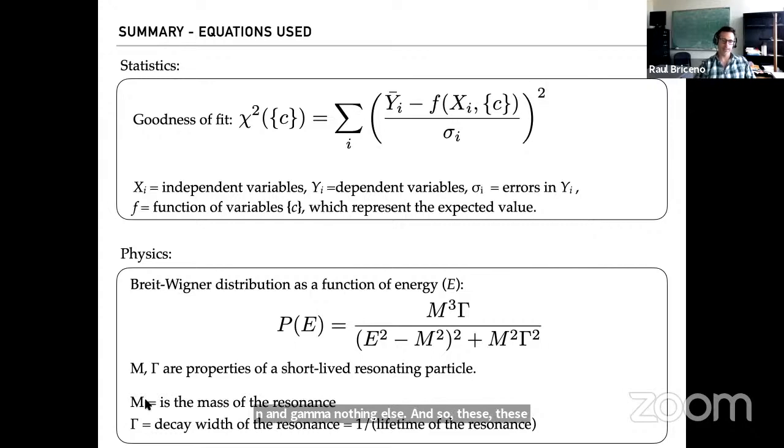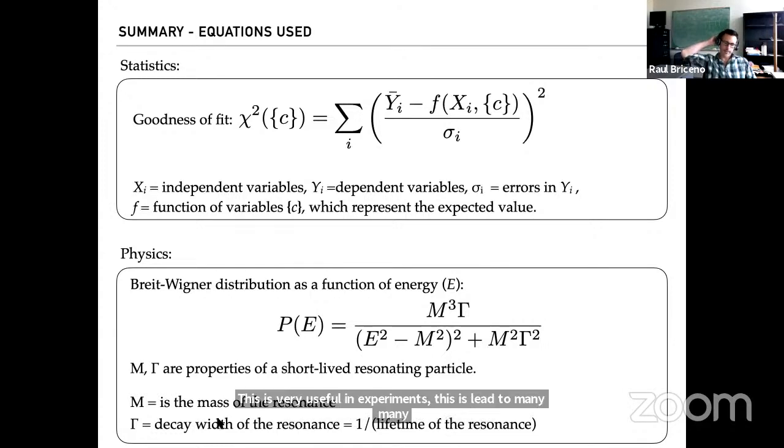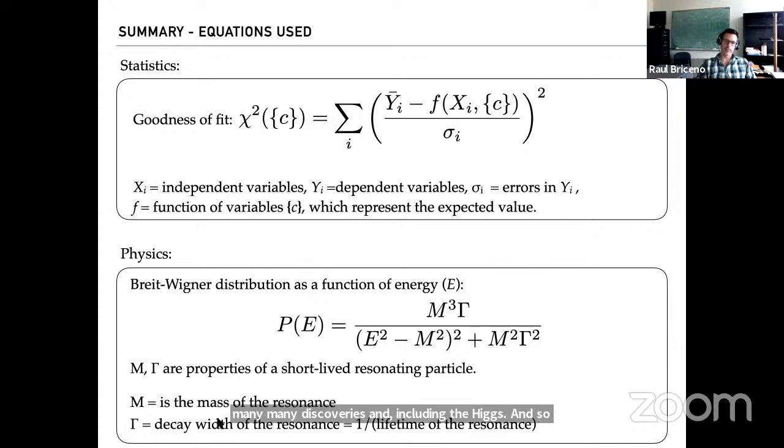They're associated with the mass of the intermediate particle, as well as its lifetime. This is very useful in experiments and has led to many discoveries, including the Higgs. Hopefully after this, you will have a better understanding of how to use these. And certainly the chi-squared goodness of fit is going to be useful in all sorts of scientific fields, not just physics.